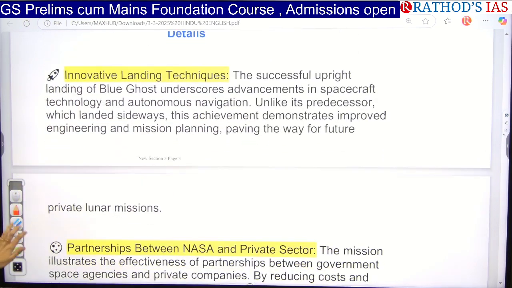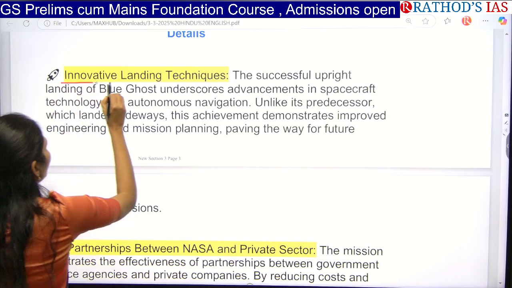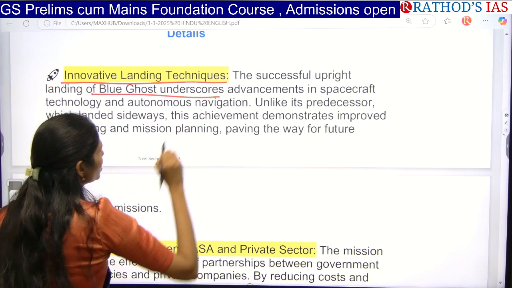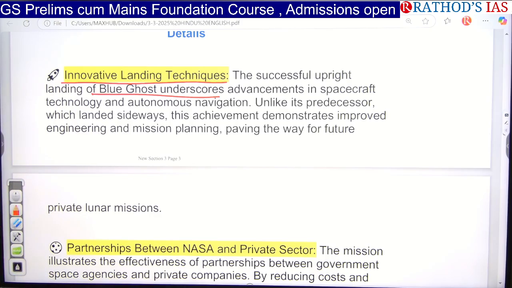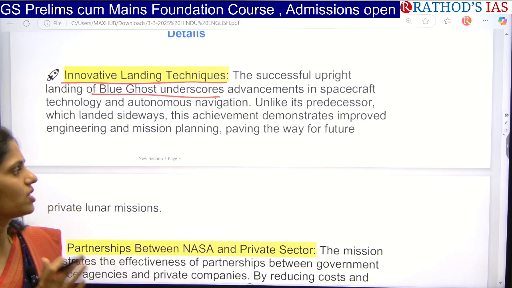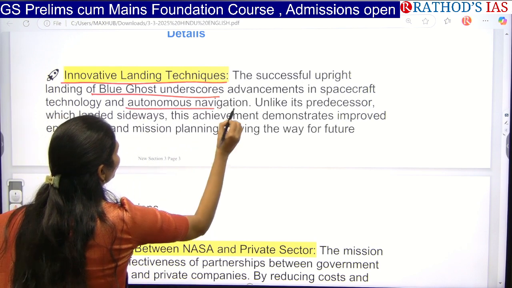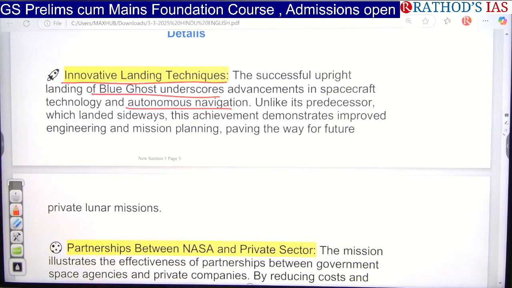The first point you have to remember is, it is an innovative landing technique. Because of the successful upright landing of this Blue Ghost, they took some advancements in space technology, especially in spacecraft technology and even autonomous navigation. So whenever we are improving technology, obviously we can pave a way for future private lunar missions.